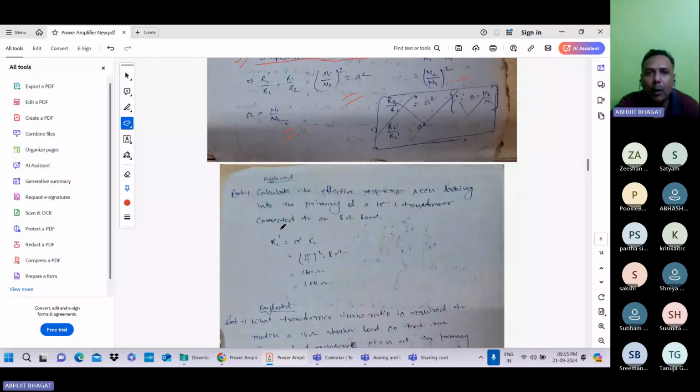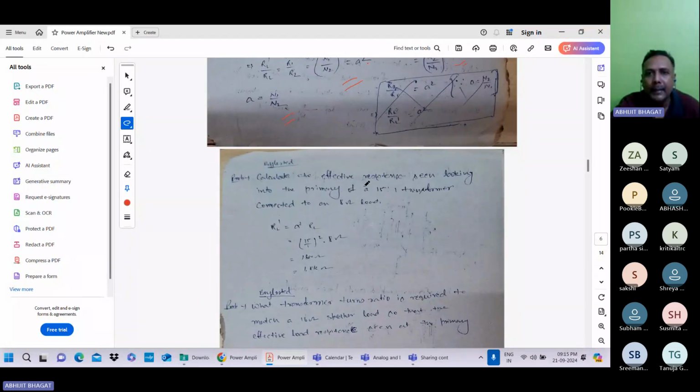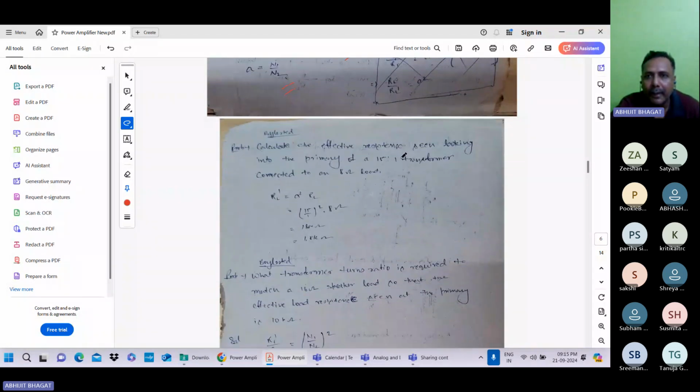So the first problem is: calculate the effective resistance seen looking into the primary of a 15:1 transformer connected to an 8 ohm load. So here what is given? Load is given as 8 ohm. Transformer turns ratio is given, N1 by N2 equals 15, or 15:1.